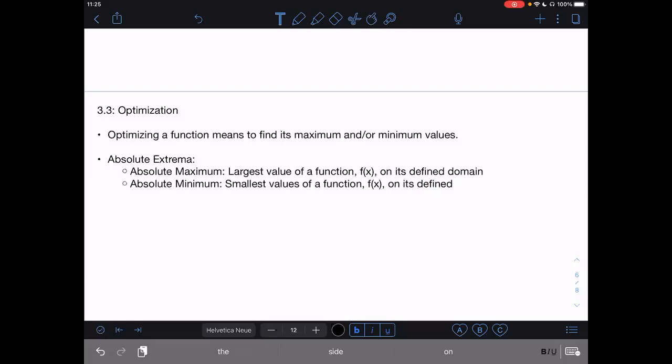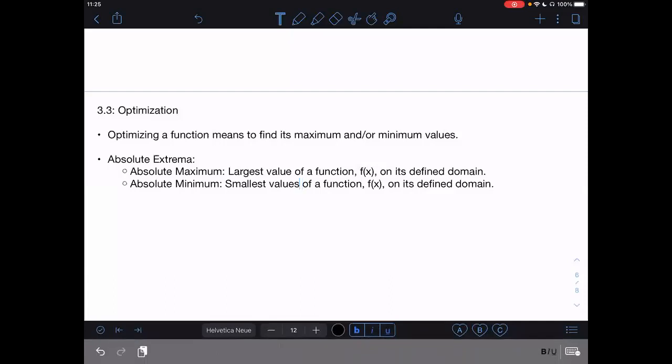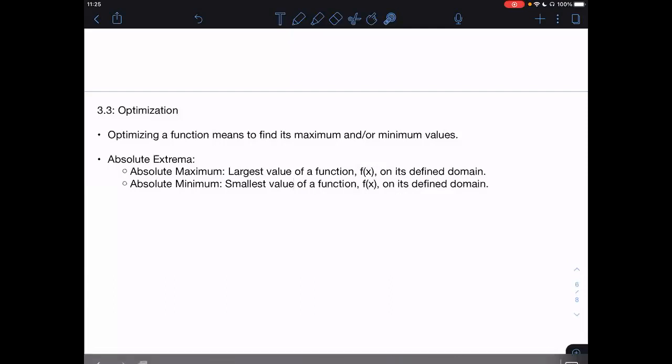Now recall when we looked for relative extrema. When we look for the relative max or the relative min, it was possible that a function may have neither, that there might not be any relative extrema. When it comes to absolute extrema, since we're focusing on the biggest value and the smallest value within a defined domain, there always has to be a maximum and minimum value on that closed interval.